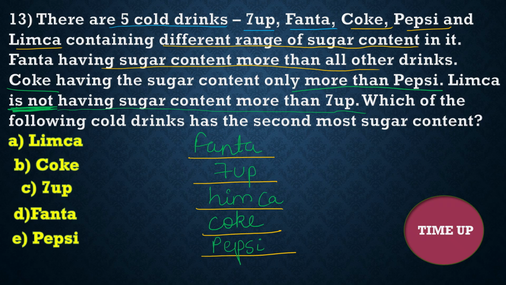Correct? Which of the following cold drinks has the second most sugar content? Second most sugar content will be 7 Up, because this is the first one and this will be the second one. So 7 Up is the right one. C is the correct option, 7 Up. Okay.